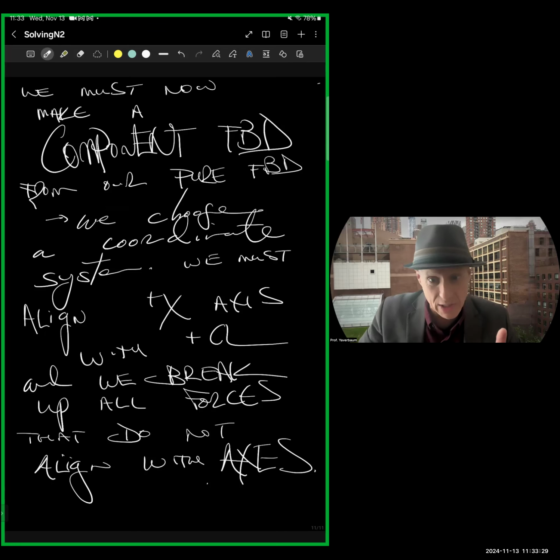So the strategy here is that you pick an x-axis, you assign your positive x-axis so that it lines up with the expected direction of positive acceleration. You line up plus x with plus a. That's where the trickiness of the lab comes in, in a way.